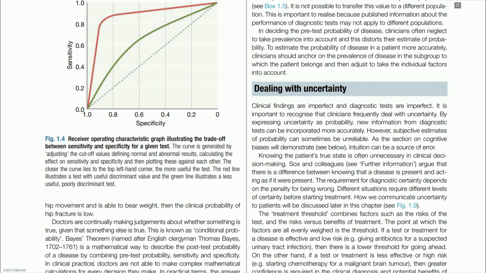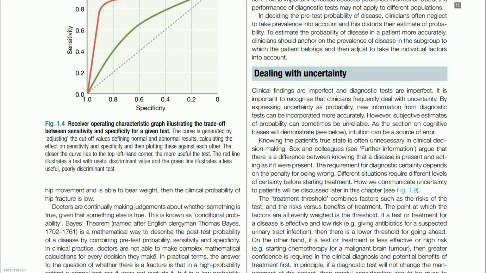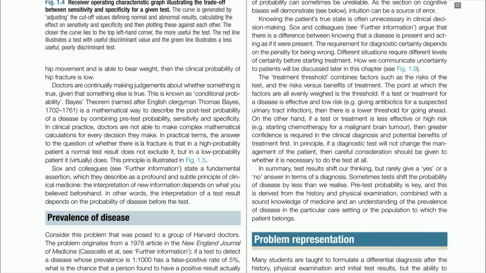In clinical practice, doctors are not able to make complex mathematical calculations for every decision they make. In practical terms, the answer to the question of whether there is a fracture is that in a high probability patient, a normal test result does not exclude it, but in a low probability patient, it virtually does.